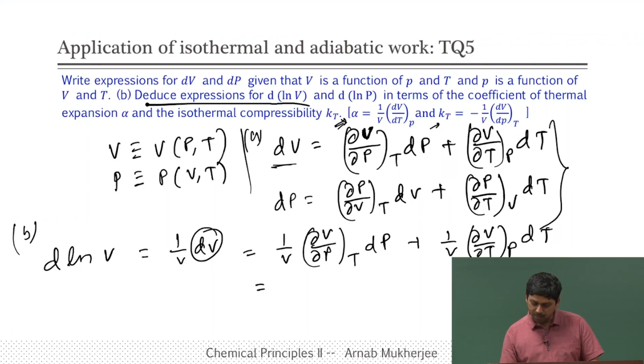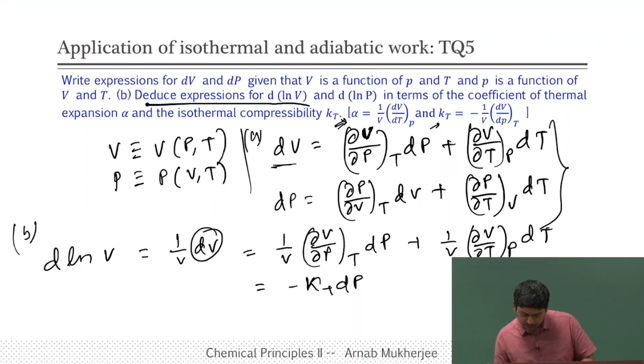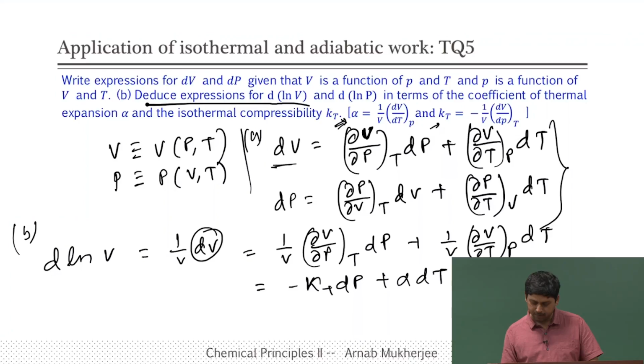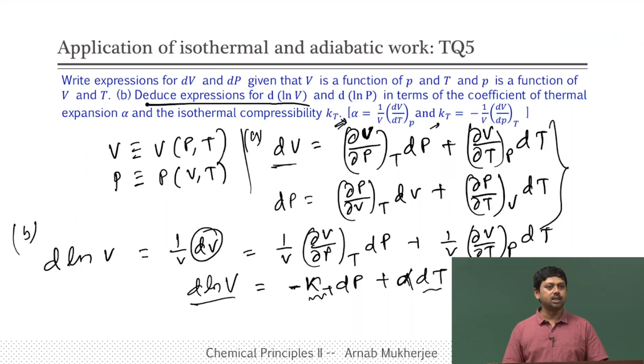Now, 1 by V del V by del P at constant T is minus kappa T, so it is minus kappa T dP, and 1 by V del V by del T is alpha, so alpha dT. Okay. So, we have expressed d ln V in terms of these measurable quantities kappa T and alpha. So, given kappa T and alpha, if there is a change in temperature, we will know how much change in d ln V there will be.